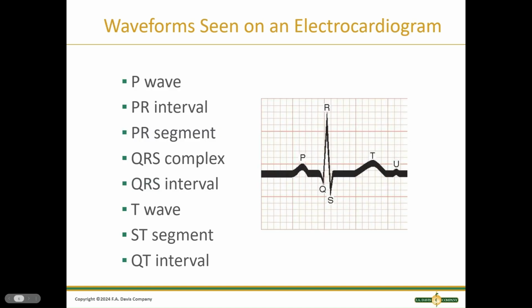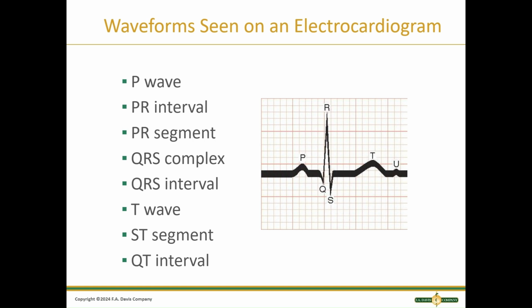So just some of the things on the waveform that we kind of expect you to look at and recognize. So we have a P wave that corresponds to the atrial depolarization that's produced through the SA node into the atria. We have a PR interval that begins with the beginning of the P wave to the beginning of the QRS complex.